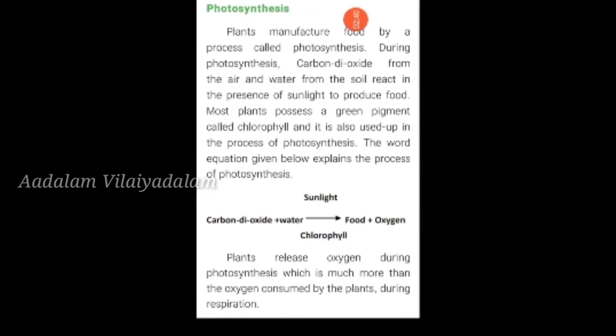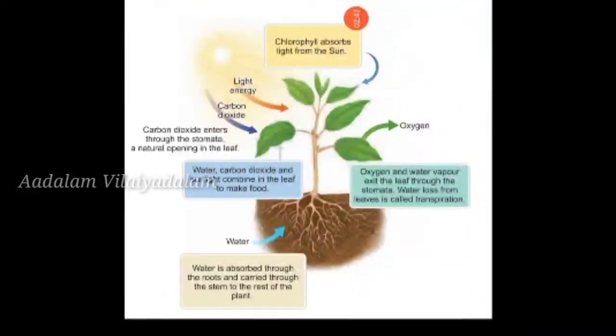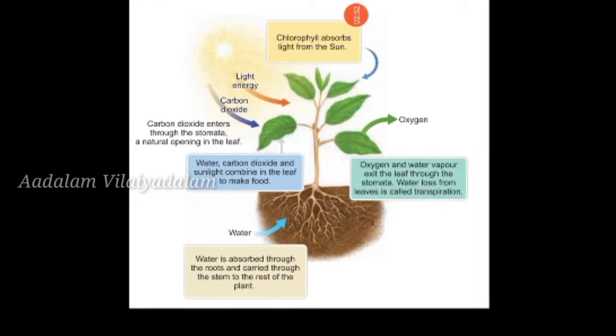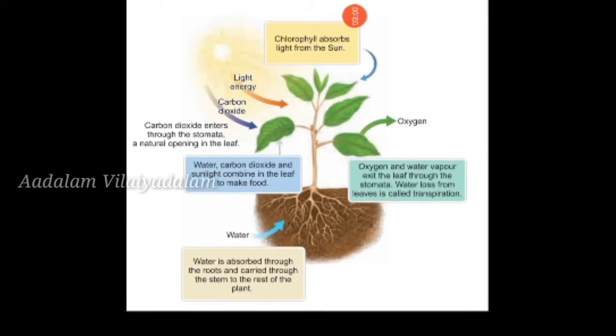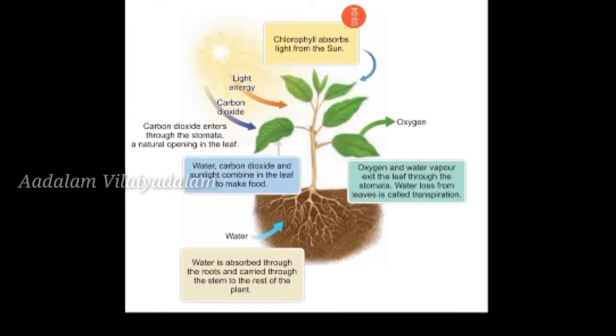Next one, photosynthesis. So we see clearly, take a plant. What are the parts of the plant? Root, stem, leaf. Photosynthesis means water is absorbed through the roots and carried through the stem to the rest of the plant.